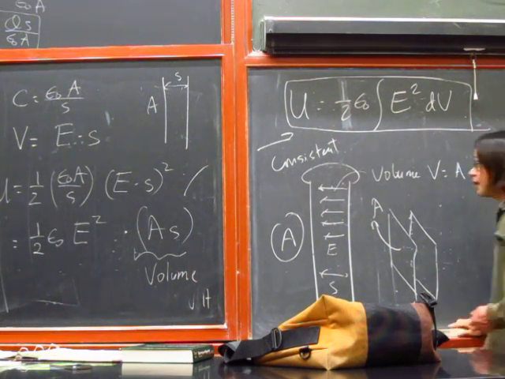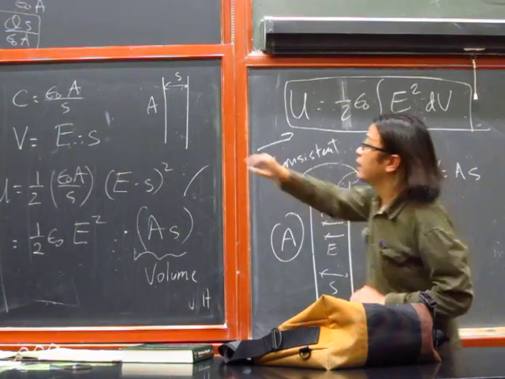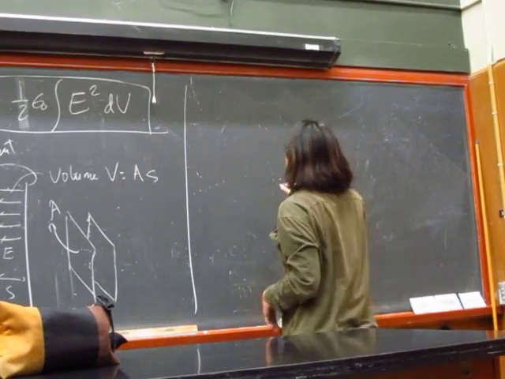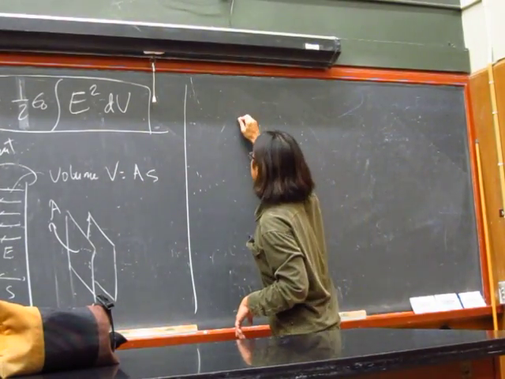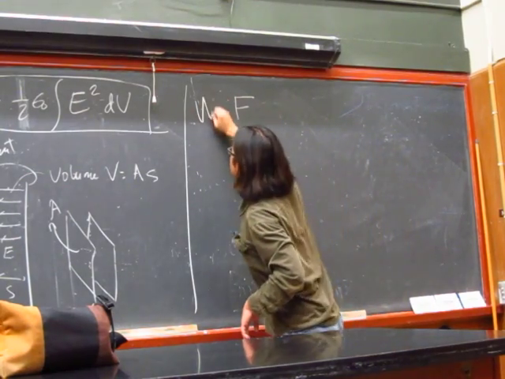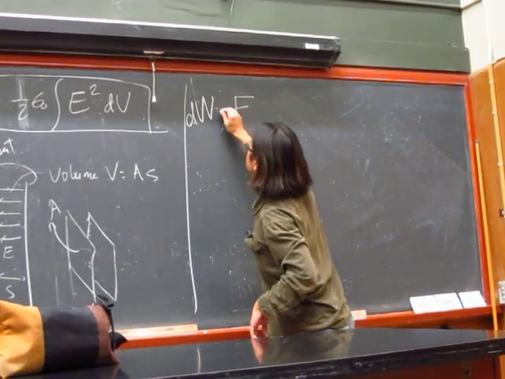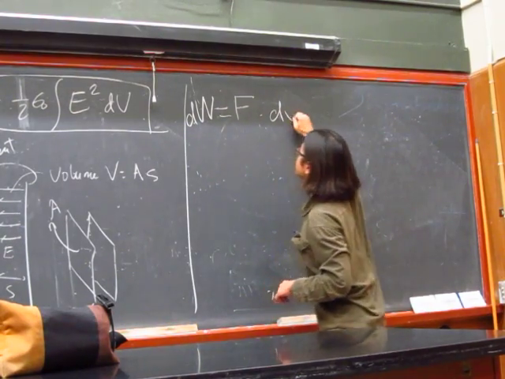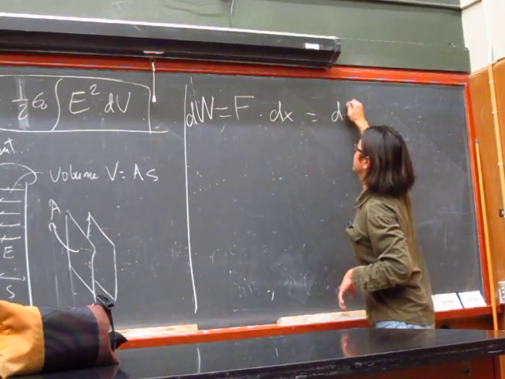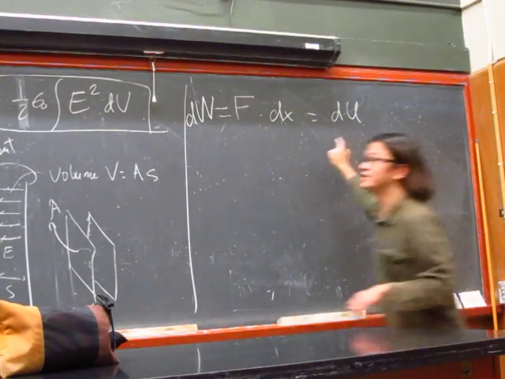So again, the work done leads to an increase in energy, and the external work here, this is the force. Work W is just equal to force times dx. This is the same expression.